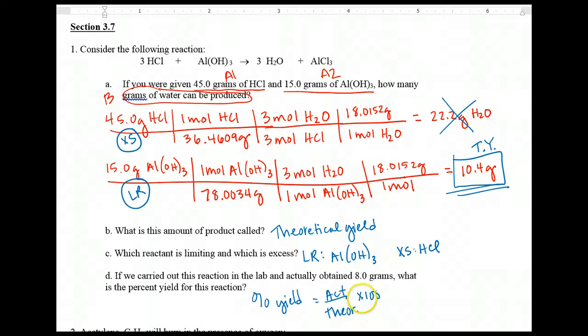So in this problem, it says our actual yield is 8 grams, and we should have been able to produce 10.4 grams, times 100 gives us a percent yield of 77%, which is okay, it's decent, but ideally we would want a percent yield that's a little bit higher.